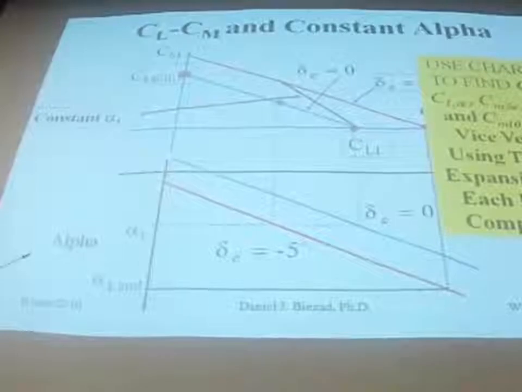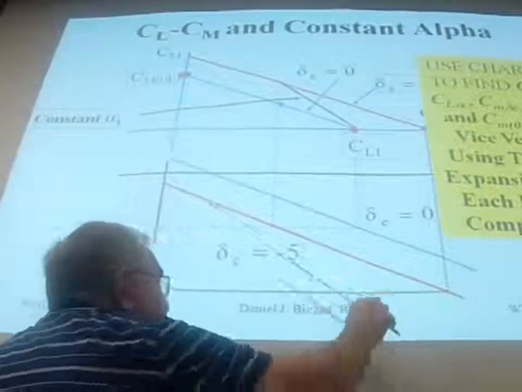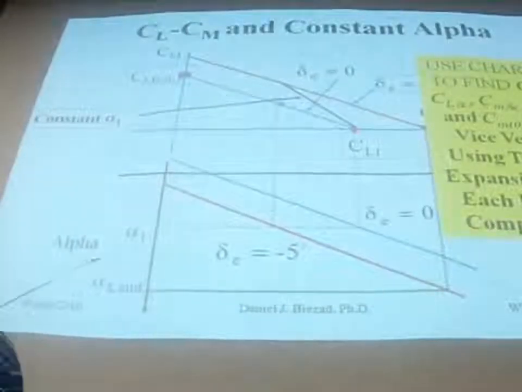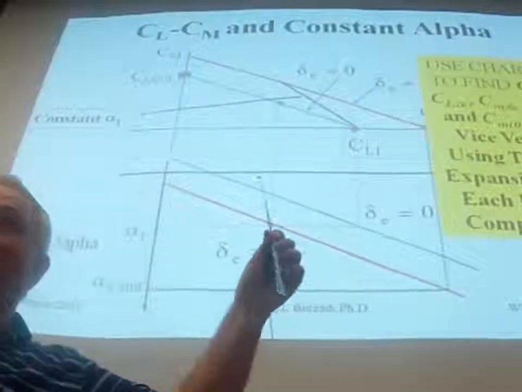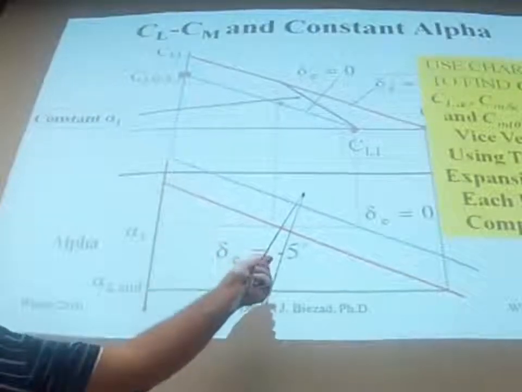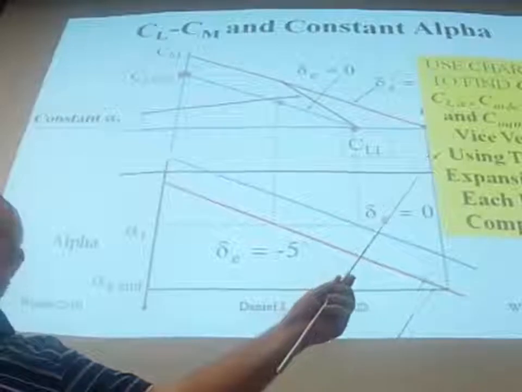Certainly. So as I move the static margin up or aft or forward, these points are going to change. What does that mean with my stall line? My stall line will move right and left on the CM-CL curve. I just determined the difference between an A+ and an A- in the class.